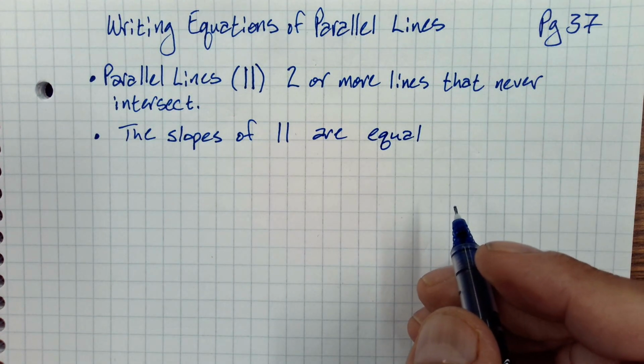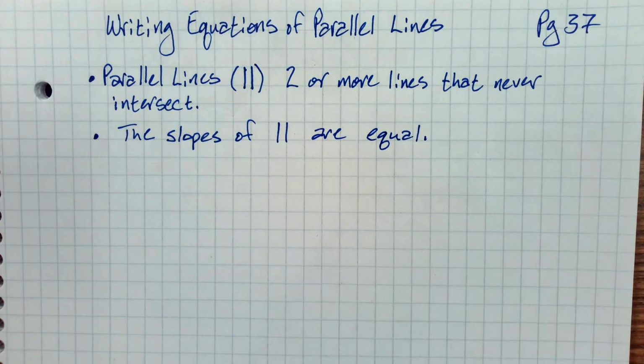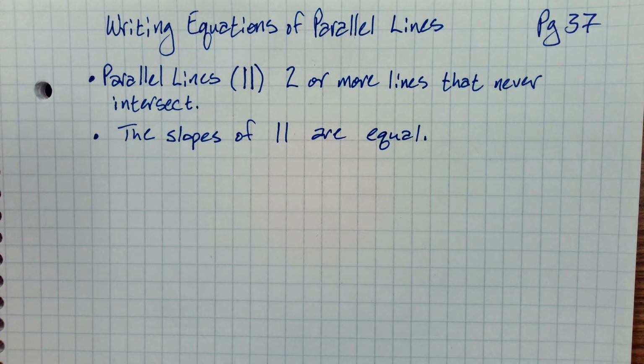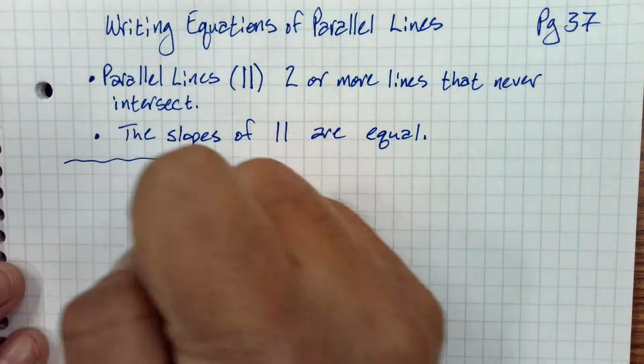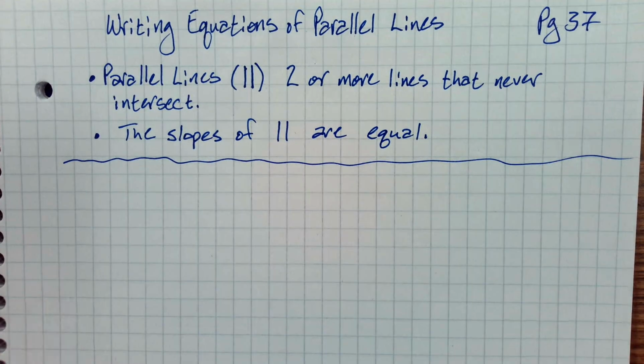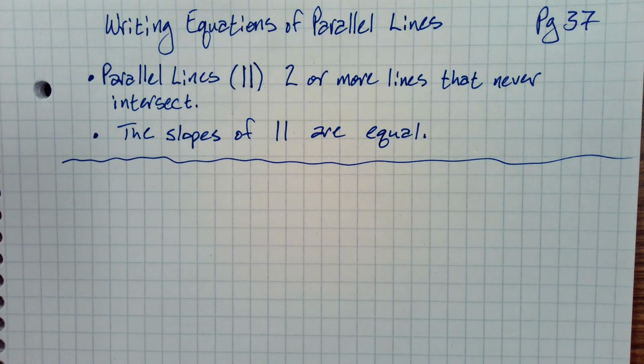So the point is, if I have a line and I know the slope of that line, and I want a second line to be parallel, they both better have the same slope. This is what we're going to run with today. On Friday, we'll learn an important fact about the slopes of perpendicular lines. And spoiler alert, they're not going to be equal. So perpendicular lines are not going to have equal slopes.